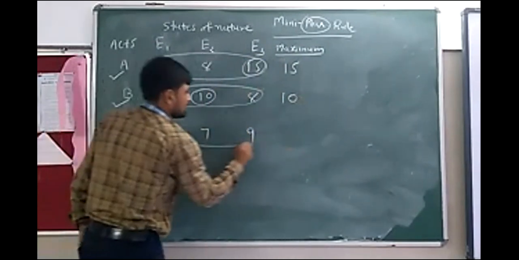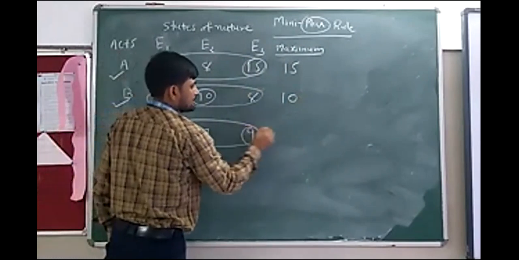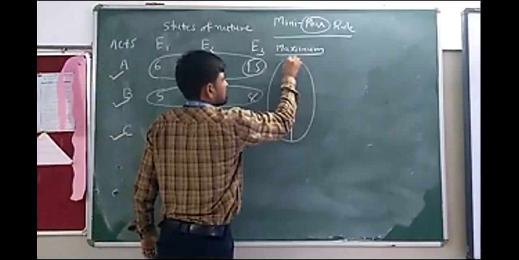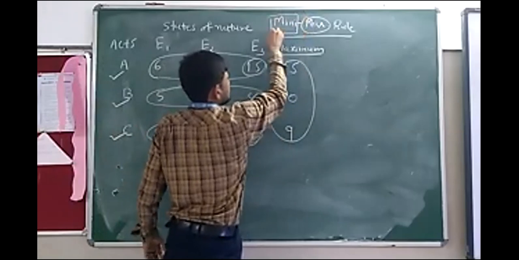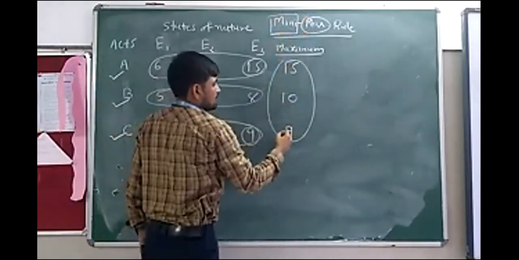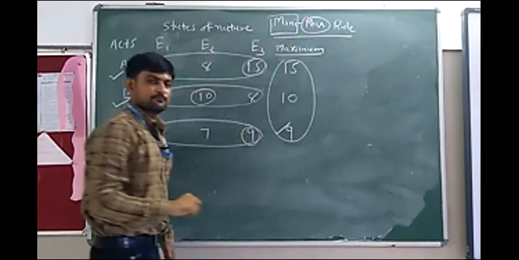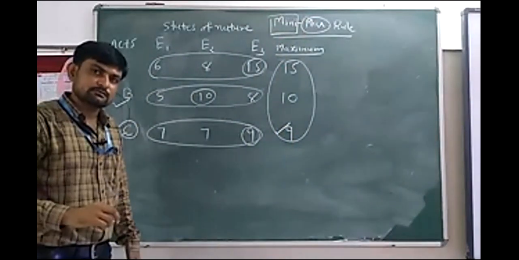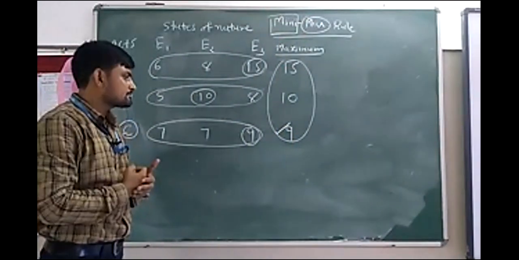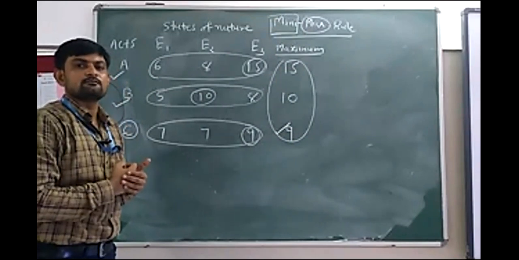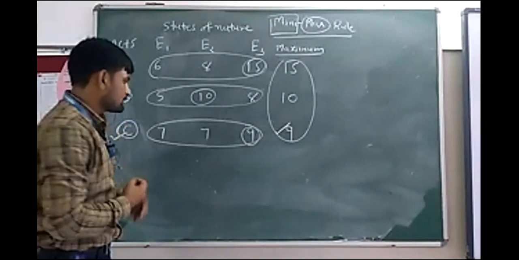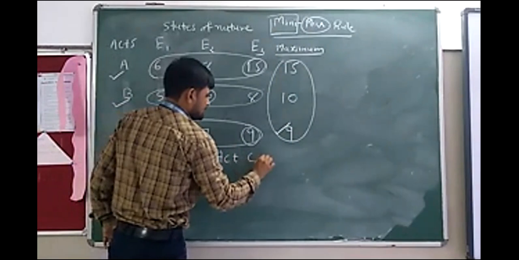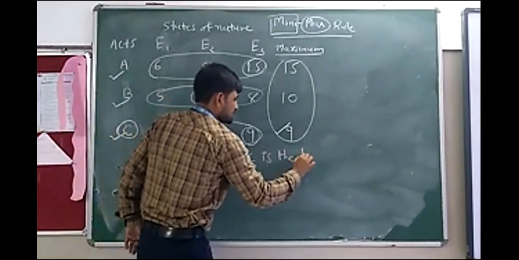And for the third act, the maximum payoff is 9. Now, out of these maximum payoffs, we will select the minimum payoff. And from these three, the minimum is 9. So we can say that act C is the best act because it gives the minimum of the maximum profit. Therefore, act C is the best act.